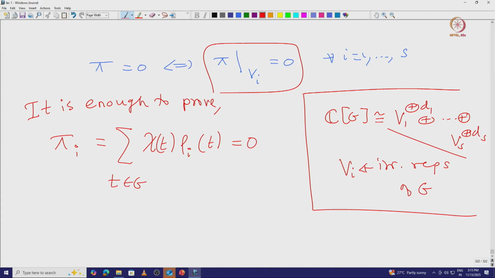So, if one map is 0, then another map is also 0. If you have a map S T S inverse and this is 0, that will imply that T is 0.